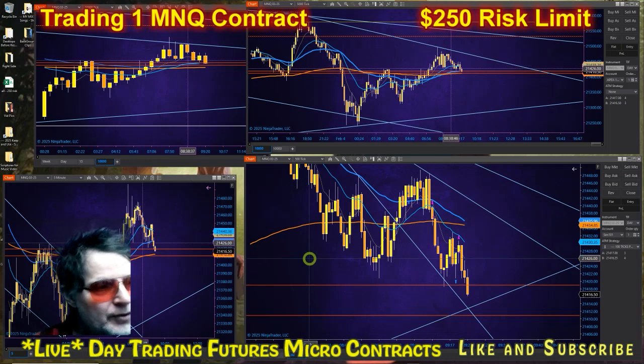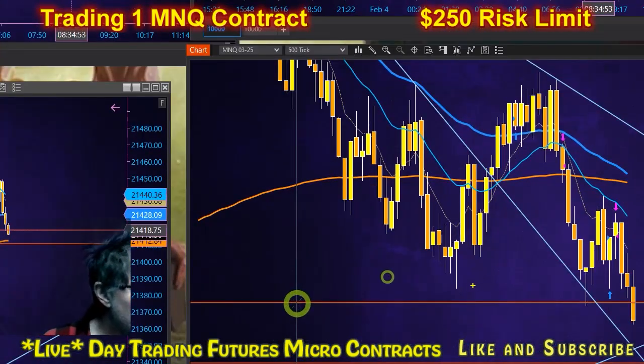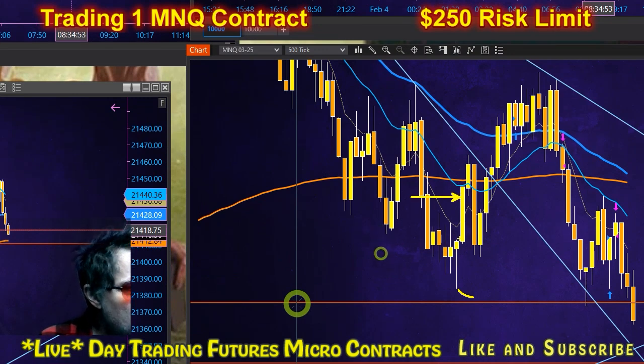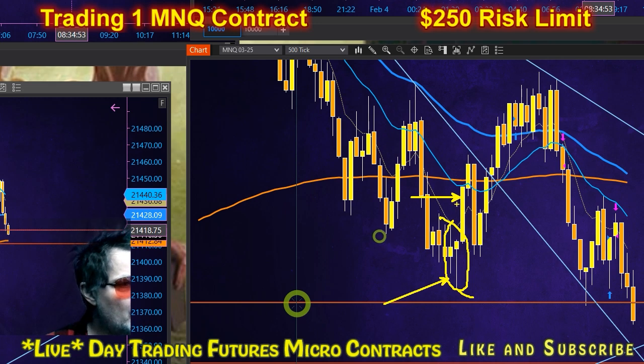Here's another example of a 3-bar reversal. If you count, the pintail is the lowest, and the bar that closes above the previous 2, one of those 2 has to be the lowest. Okay, so we have a bar that closes above the previous 2, and one of those previous 2 is the lowest point.